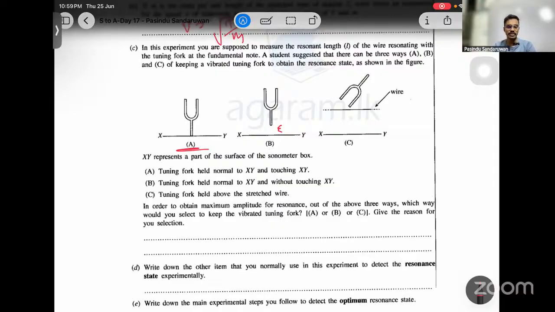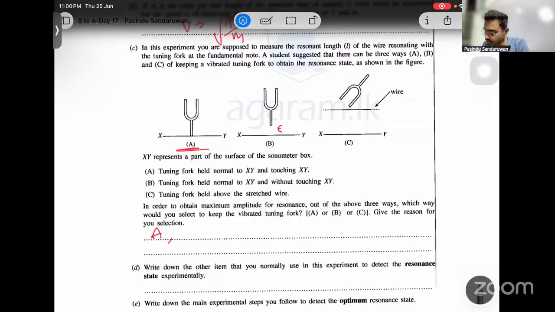We need a very effective, efficient propagation of energy. To increase that propagation, it should always be kept on the box. So the selection is A.